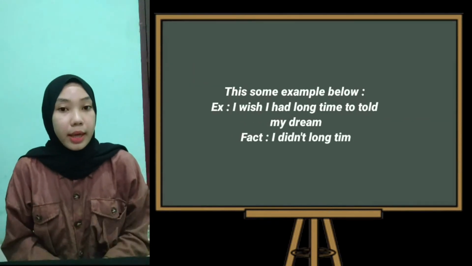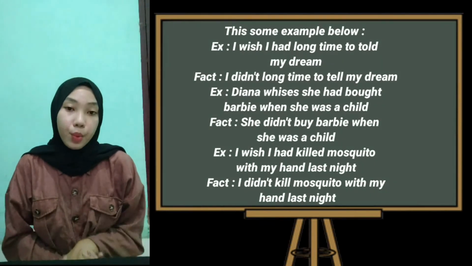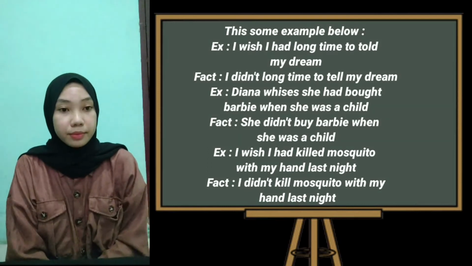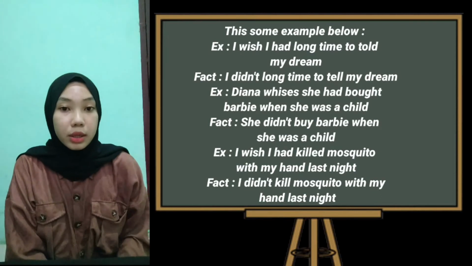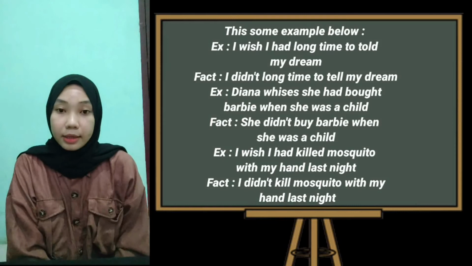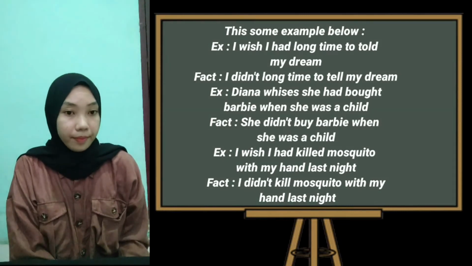Let's look at some examples below. Number one is: I wish I had had a long time to talk about my dream, but the fact is I didn't have a long time to tell my dream.